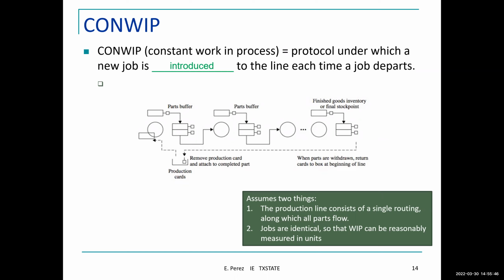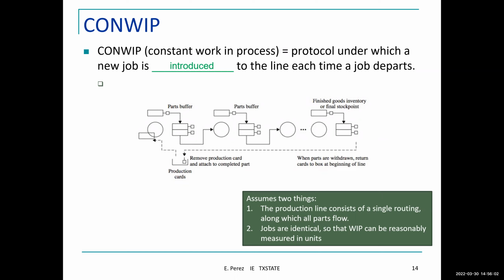But what CONWIP is trying to do is, you are going to be pushing parts into the system, but you're also keeping track of the amount of WIP that you have in your system. And if you go above that amount, then we're going to stop the process until you complete that.